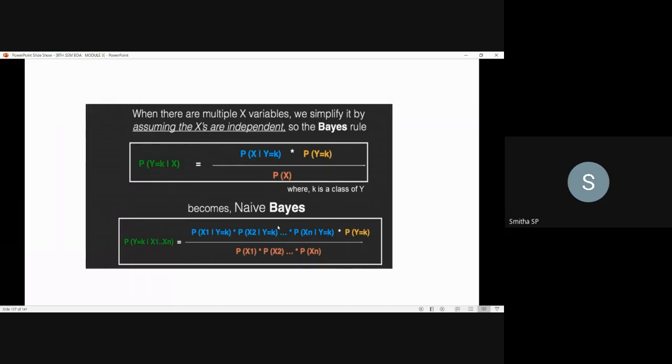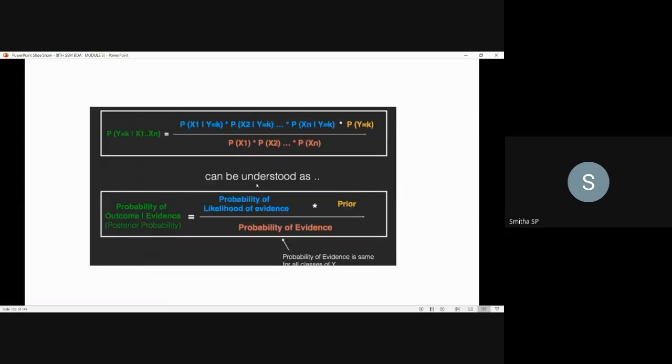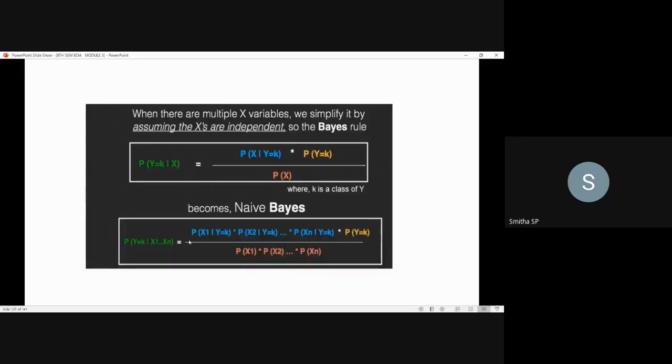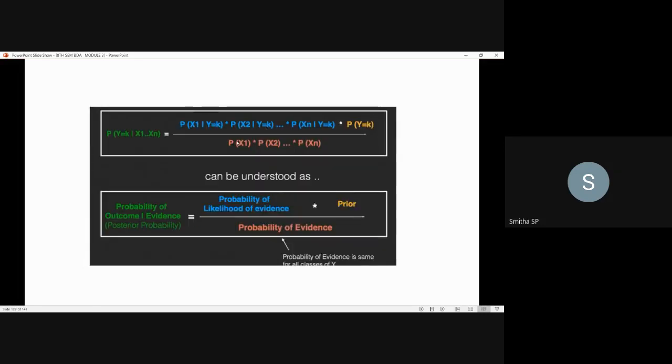Next, the same formula is taken here, that is the Bayes rule, and they are explaining what those terminologies tell you. So P of y equals k given x1 up to xn, we call the probability of outcome given evidence.